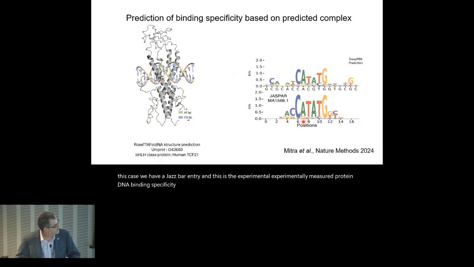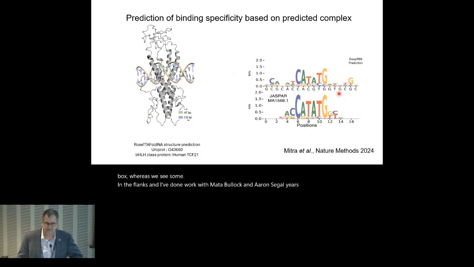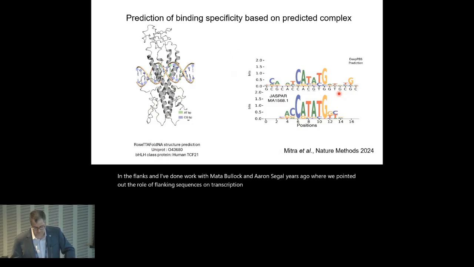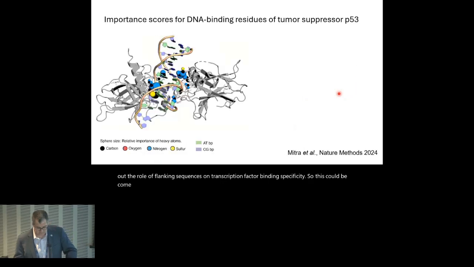And you see that the central 6 base pairs are very similar. This is the E-box, whereas we see some variation in the flanks. And I've done work with Martha Bulyk and Eran Segal years ago, where we pointed out the role of flanking sequences on transcription factor binding specificity. So this could become visible through this method.